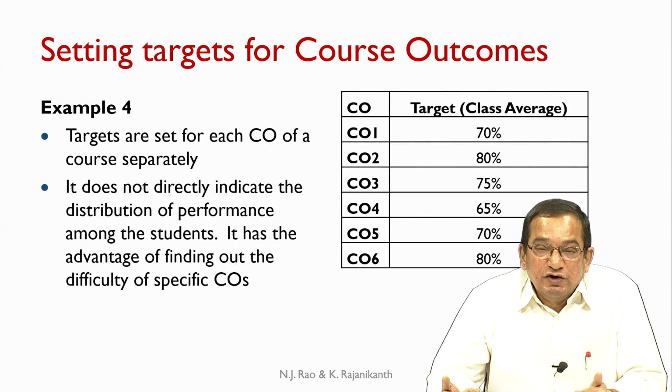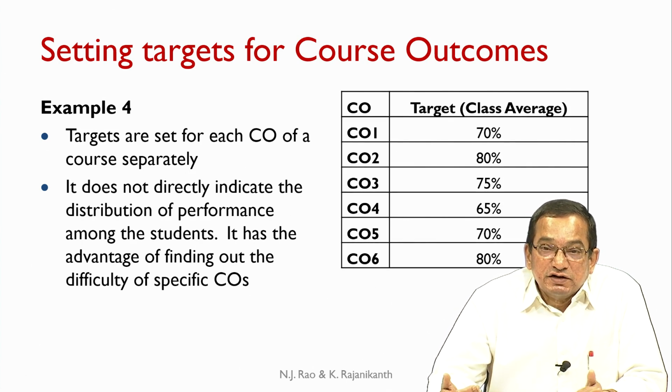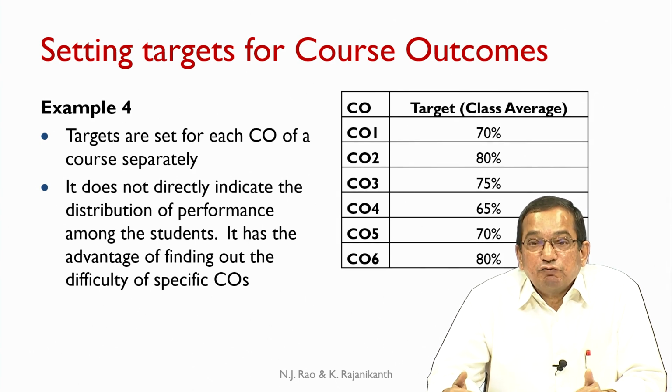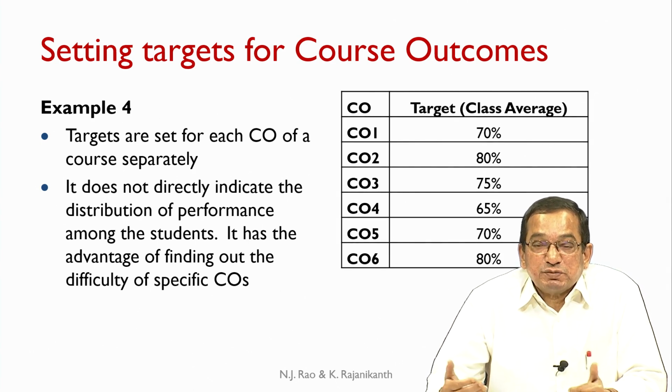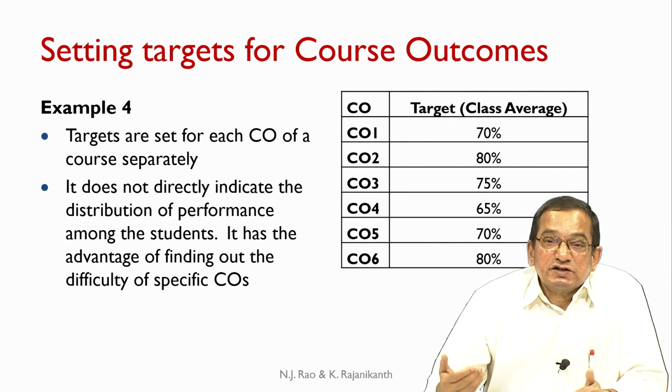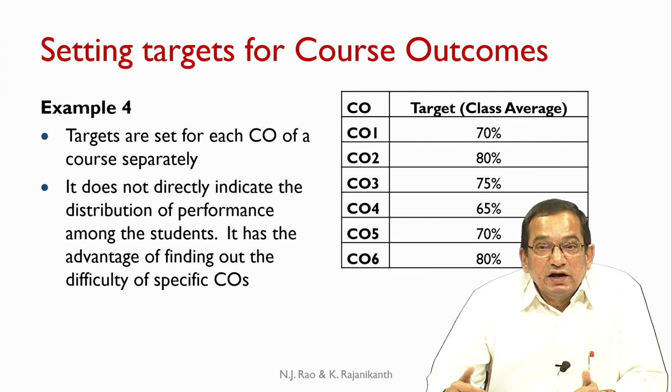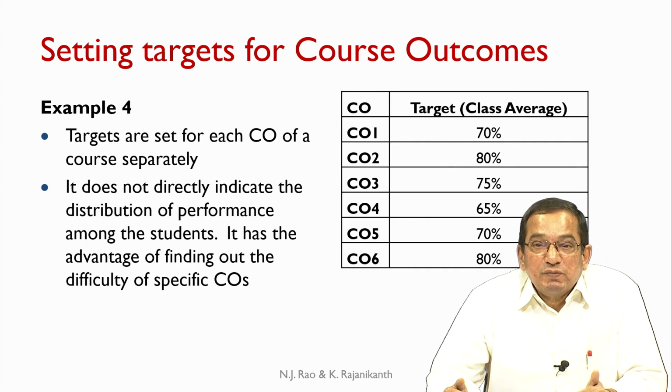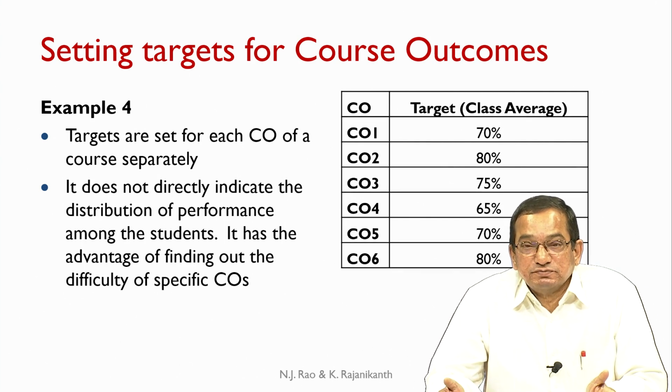The COs where the attainment levels are substantially lower than the target, that means where the performance gaps are substantial, would require special attention the next time the course is delivered. And it is very easy to compute the attainment levels also, because it is only the class average.